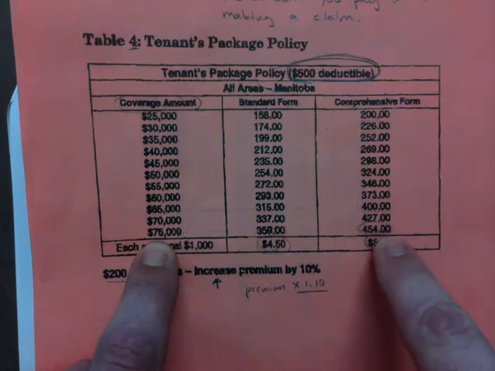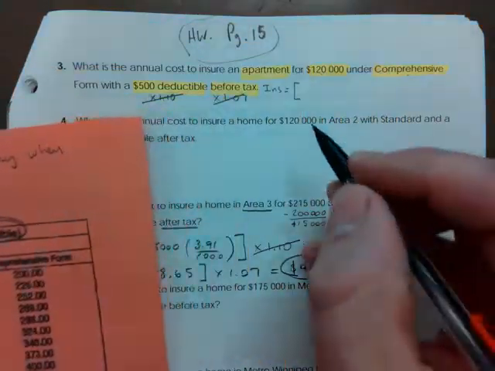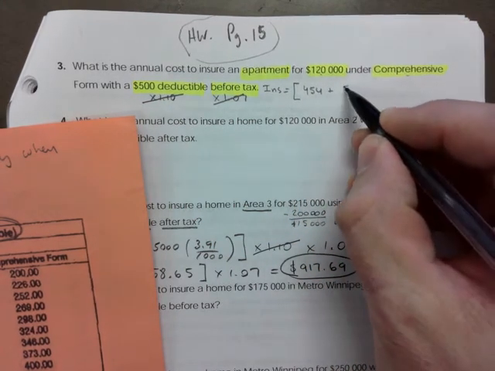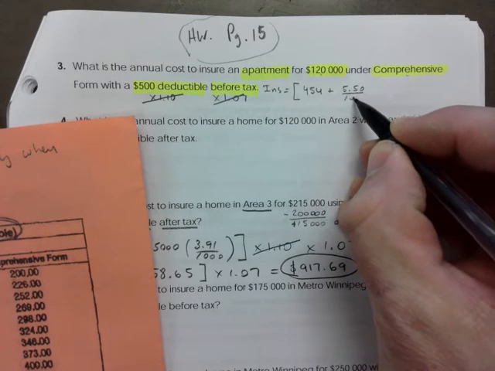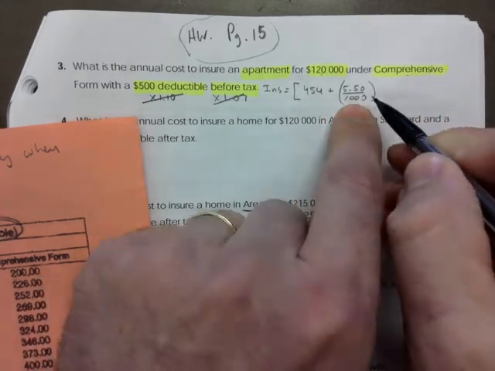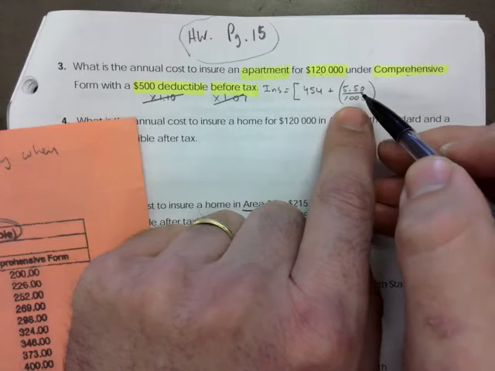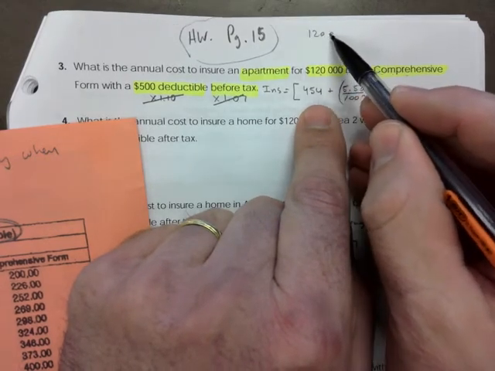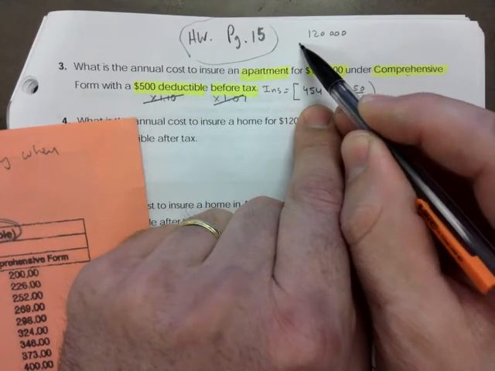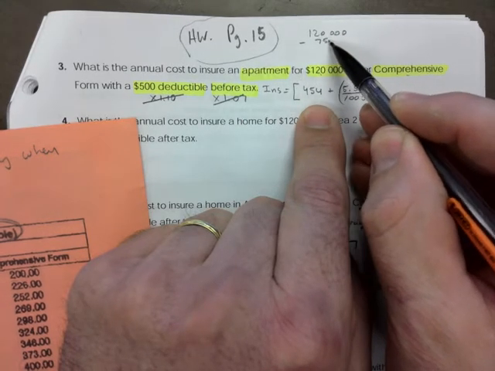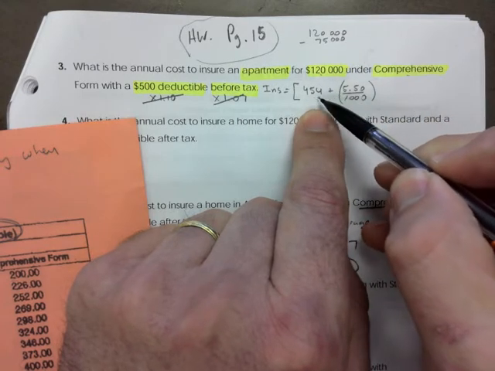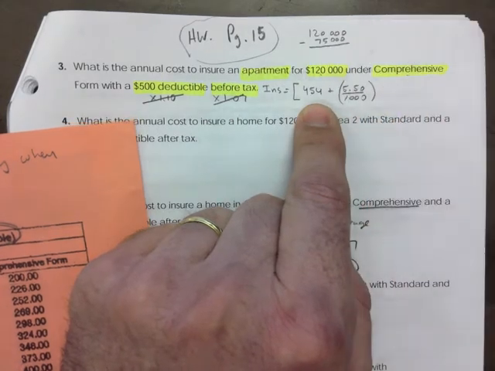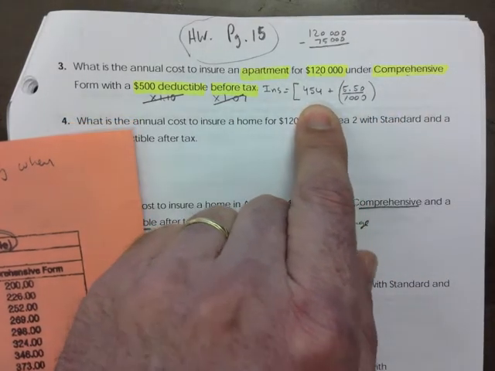Okay, so let's write these down. It's 454 plus 550 over 1,000. And I have to multiply this by something, right? I'm over. So you go $120,000, which is what you want insurance for, subtract the $75,000 because you're paying $454 to insure $75,000. So whatever is over, you're going to have to pay extra for.